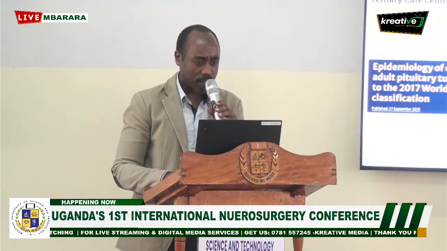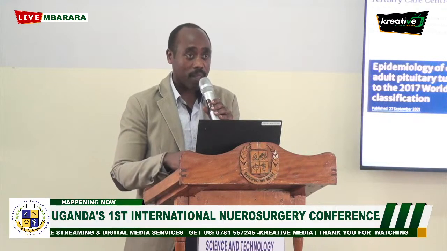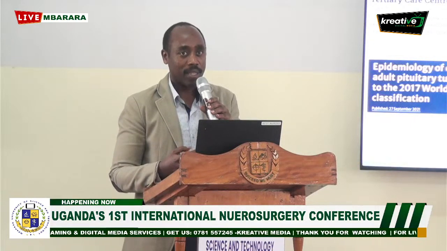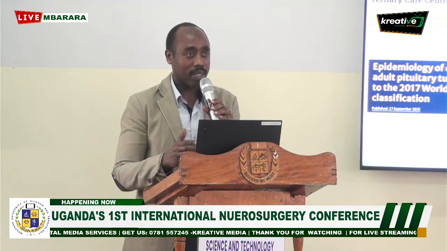That study, conducted from 2004 to 2017 using the US cancer registry database, looked at the distribution of the different types of sellar lesions. We know some are more prevalent than the rest, and pituitary adenomas were the commonest, accounting for up to 63%.